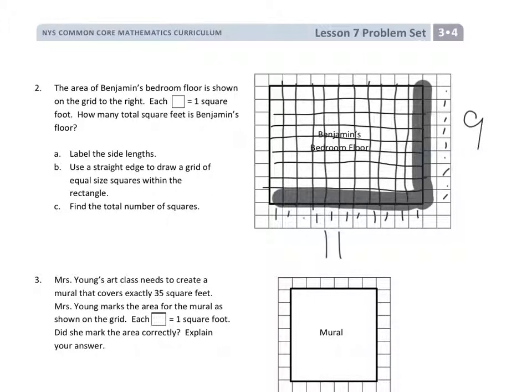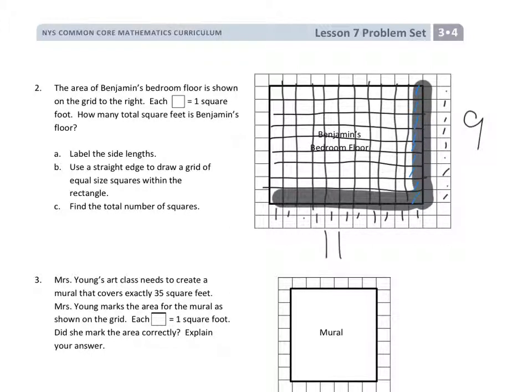Okay, so now we can count the number of units we have in here to make sure that they actually do have 9. So we can count 1, 2, 3, 4, 5, 6, 7, 8, 9. So you see whether the units are on the inside or the outside of the rectangle, it does not matter. You still end up with the same number of units.